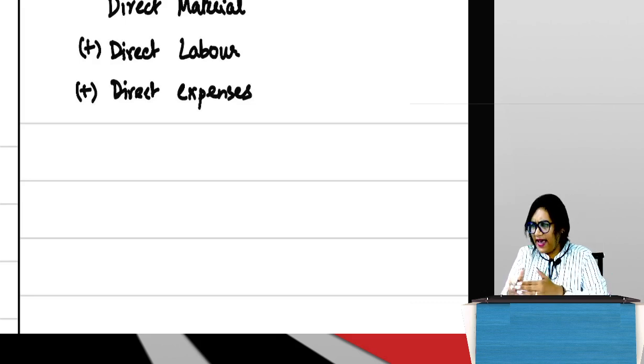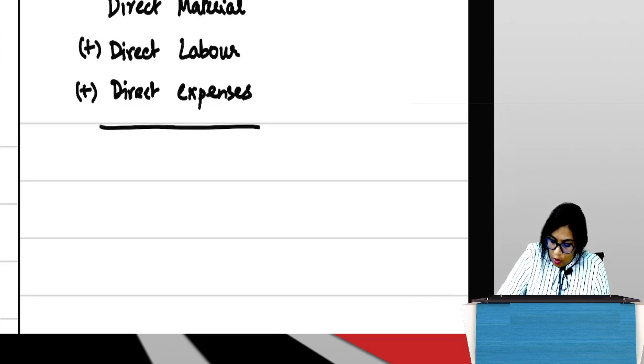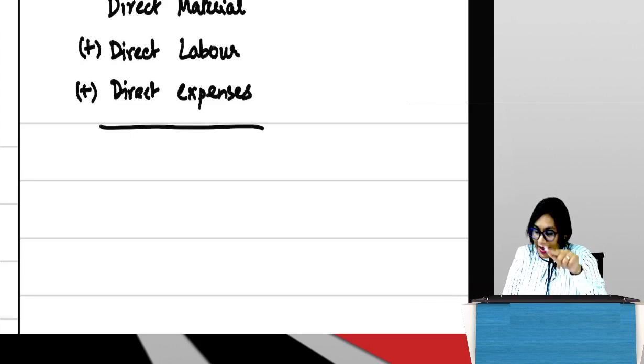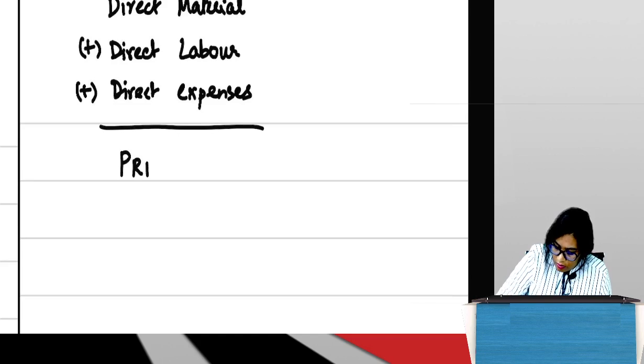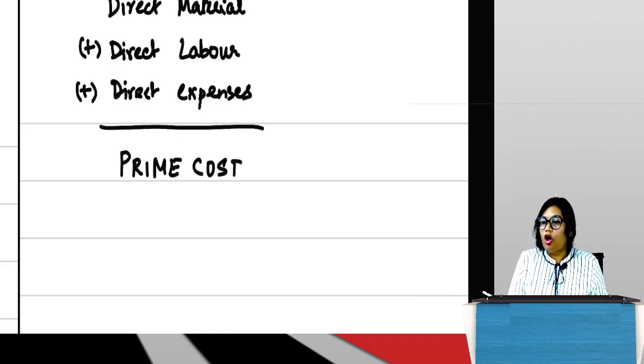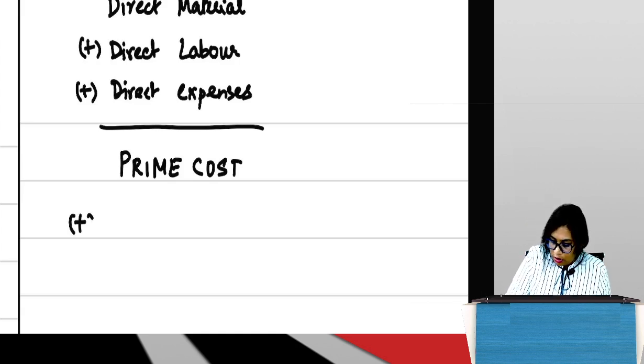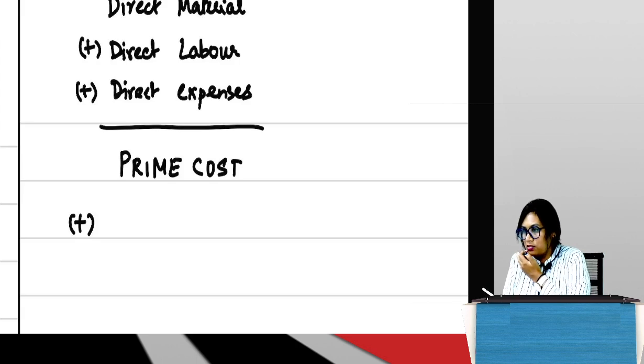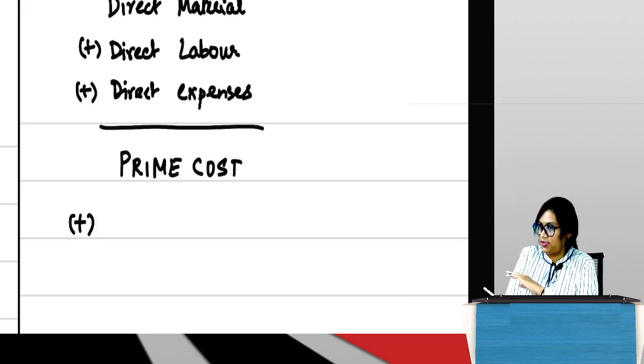I have just expanded on the direct costs, which we already know. What was this called? Prime cost. So prime cost is all my direct costs. To this I am adding my indirect costs. So can I call them overheads instead?